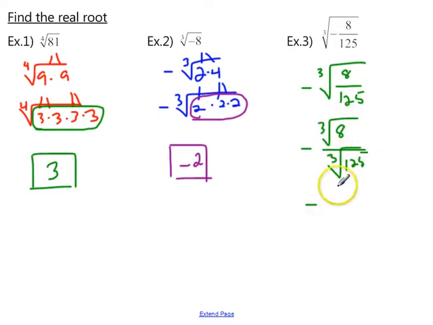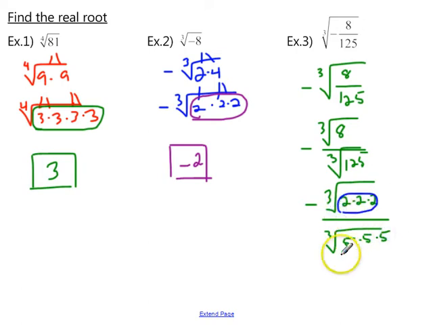So 8 is equal to 2 times 2 times 2. And then 125 is equal to 5 times 5 times 5. So when you group these 3's together, we actually have negative 2 over 5 is our real root.